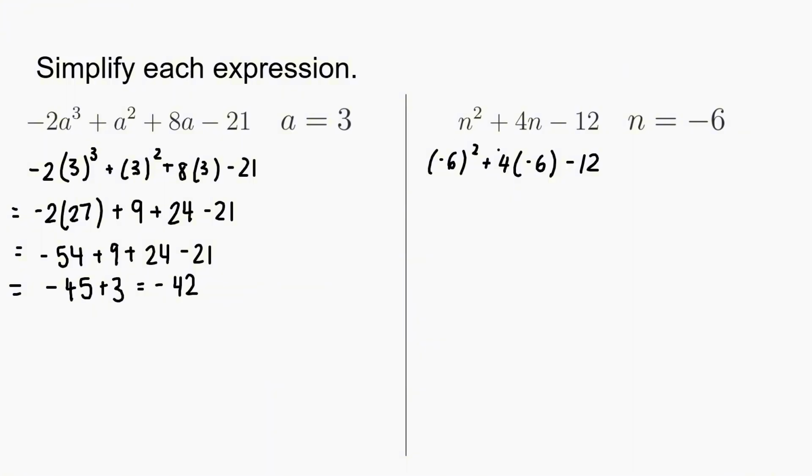That way the negative signs don't get confusing. So (-6) squared is 36. 4 times -6 is -24 minus 12. So in this case, 36 minus 24 is 12. Minus 12 is going to be 0.